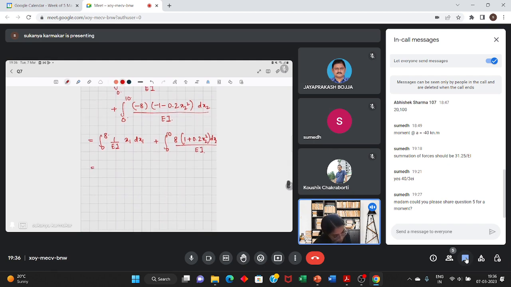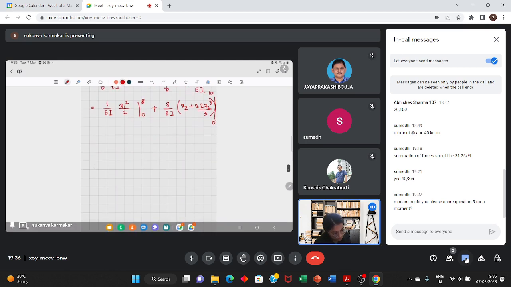Now this will be 1 by EI x1 square by 2. You put the values, then this should be 8 by EI, and here it is x2 plus 0.2 x2 cube by 3, and you put the values 0 to 10.